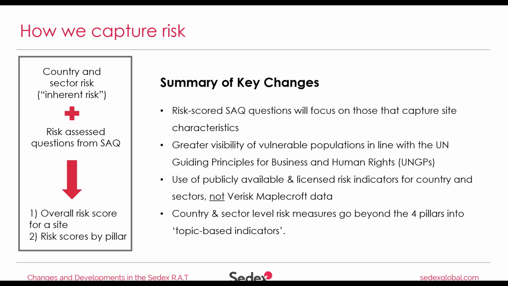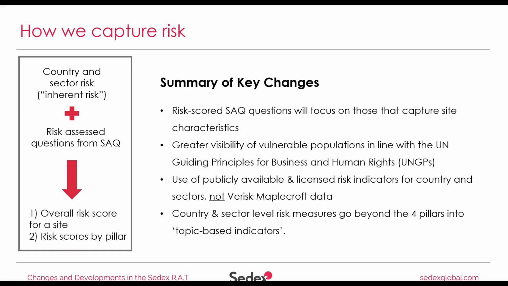Secondly, there will be greater visibility of vulnerable populations in the new tool, in line with the UN Guiding Principles on Business and Human Rights. Then thirdly, we will not be using Verisk Maplecroft data in our new tool, and instead we are going to be using publicly available and licensed risk indicators, and we are developing our own risk indicator indices from those publicly available sources, and that will form the basis of risk indicators in the tool.